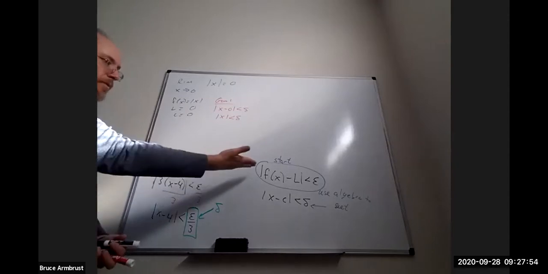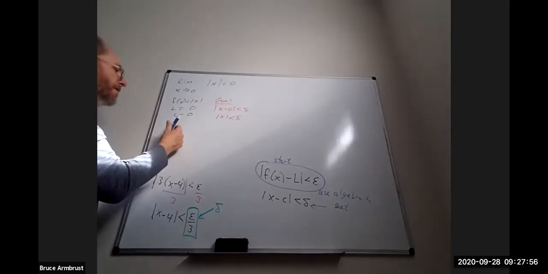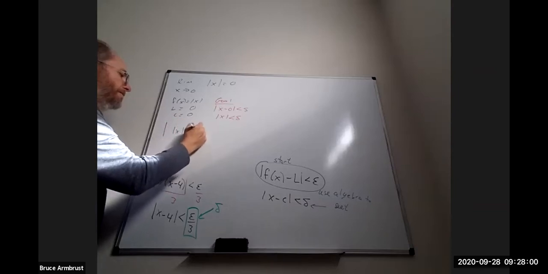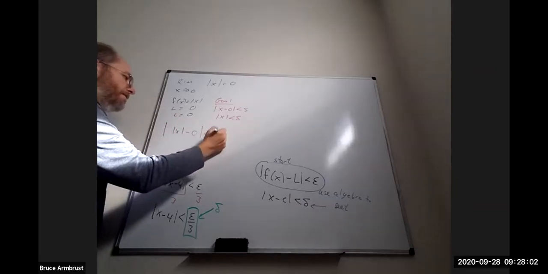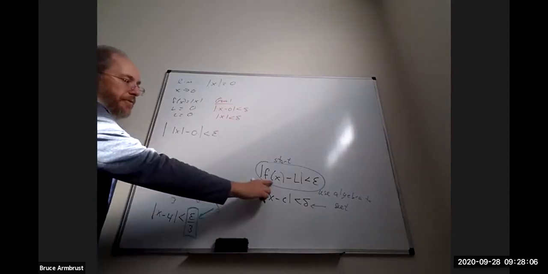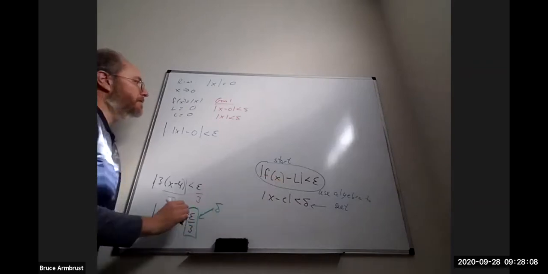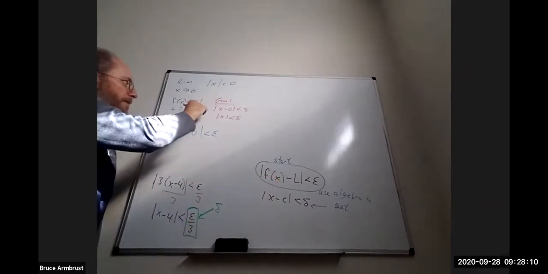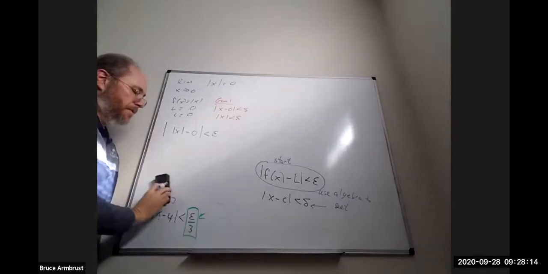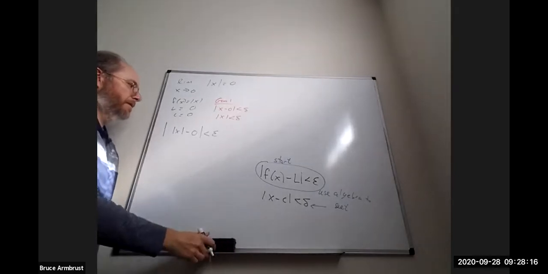All right, so let's go to what we start with. We're going to start with the absolute value of x minus 0 is less than epsilon. So this was my f of x minus my L. So f of x minus my L is less than epsilon. Let's play with this one just a little bit.